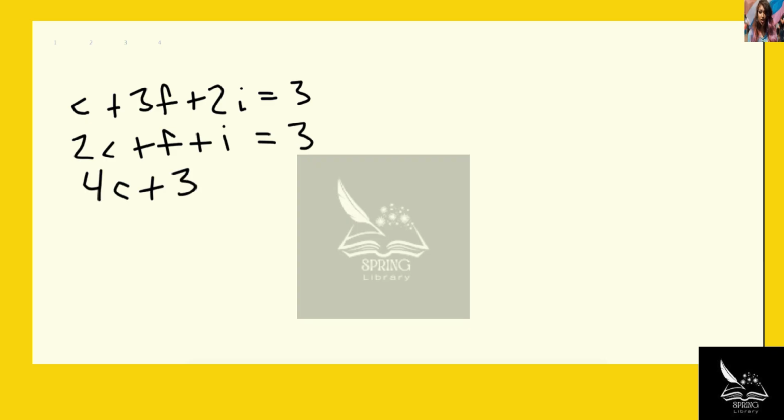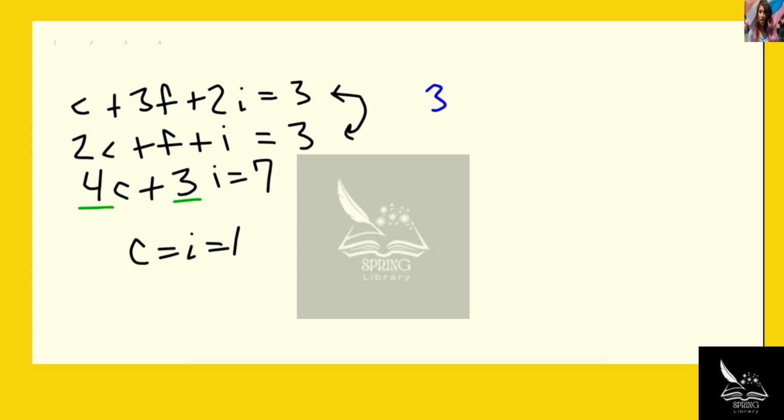So we get C plus 3F plus 2I is equal to 3, 2C plus F plus I is equal to 3, and then 4C plus 3I is equal to 7. But we can see pretty right off the bat, 4 plus 3 is equal to 7. So C and I are going to be equal to 1.